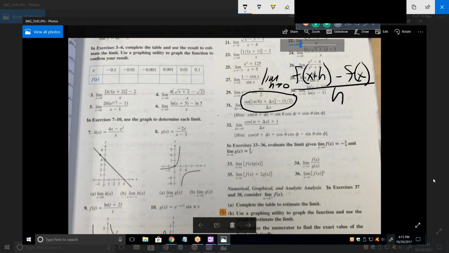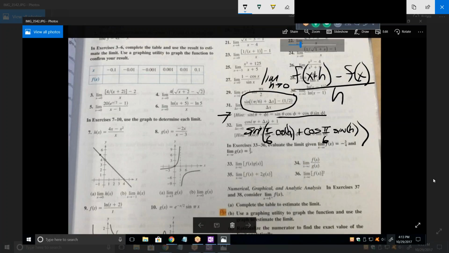If we use this tip right here, then what they have written becomes sine of pi over 6 cosine of h plus cosine of pi over 6 sine of h.